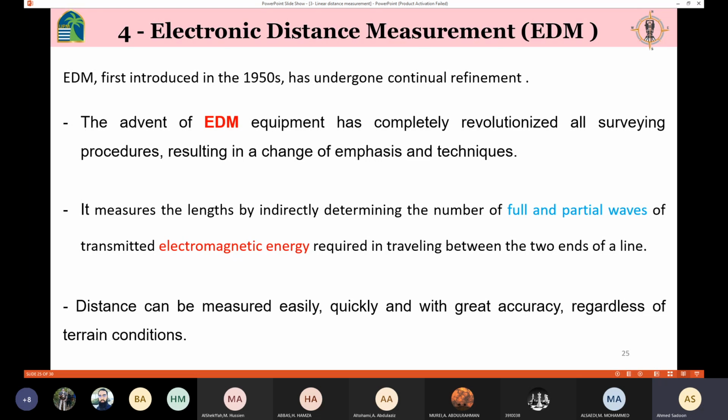And also the accuracy is going to be decreased. But using the EDM, the measurement is going to be easy and quick, and the accuracy is going to be very high, whether the terrain condition is good or bad.